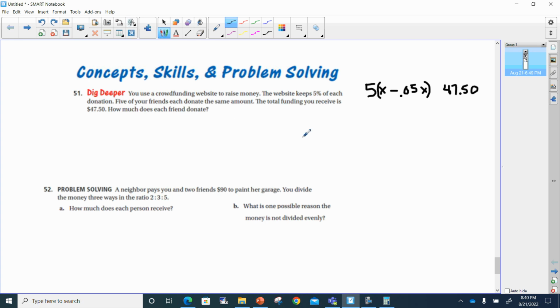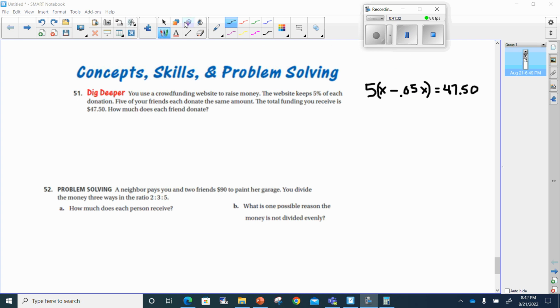Okay, how much does each of your friends donate? You know what? I take it back because this 0.05 is going to be applied to all of it, I believe. So I'm not sure we need those parentheses after.